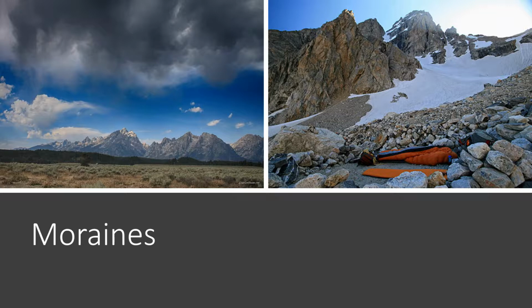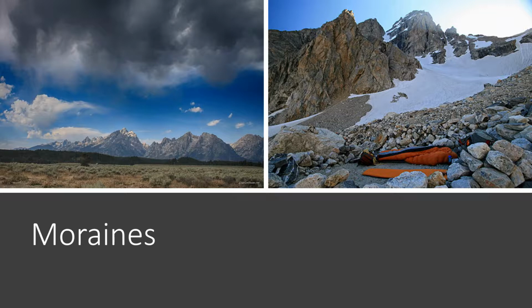And as this ice flows and scours the landscape, it's picking up debris, it's picking up rocks, and these rocks get carried along with the ice as it flows downhill. And so as this material flows, it's going to be deposited somewhere downstream, if you will, in the direction of flow of the glacier. And where you have these deposits, you have moraines.